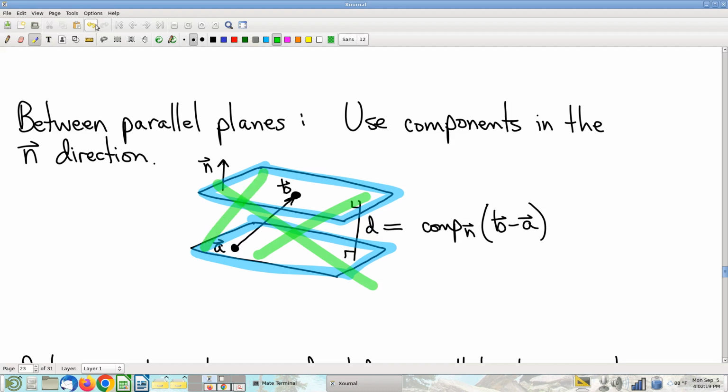Clearly, when we say the distance between two parallel planes, we're talking about the shortest possible distance. And now geometric appeal, hope this seems reasonable, the shortest possible distance is perpendicular to the two planes.